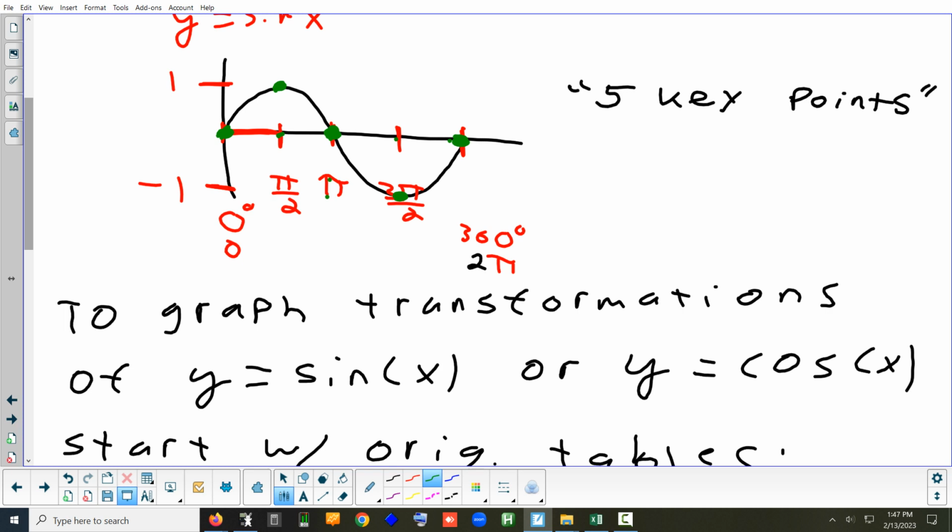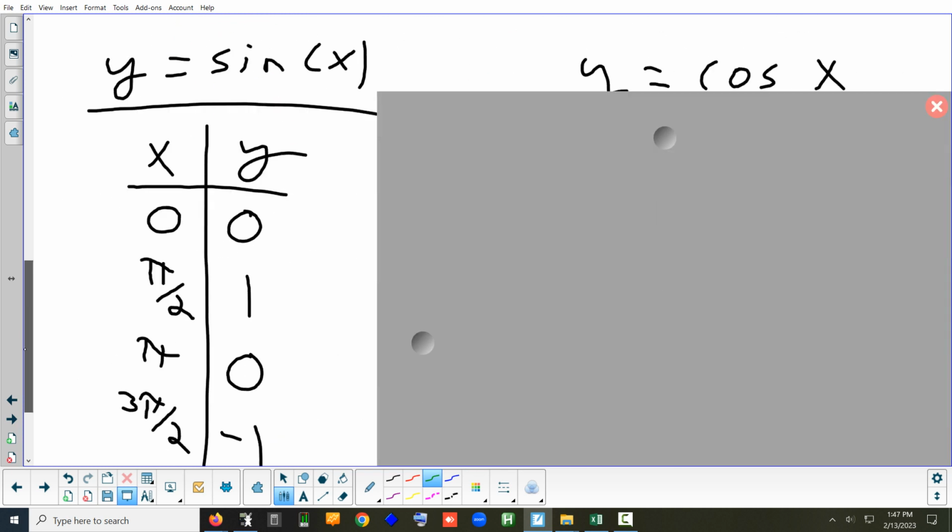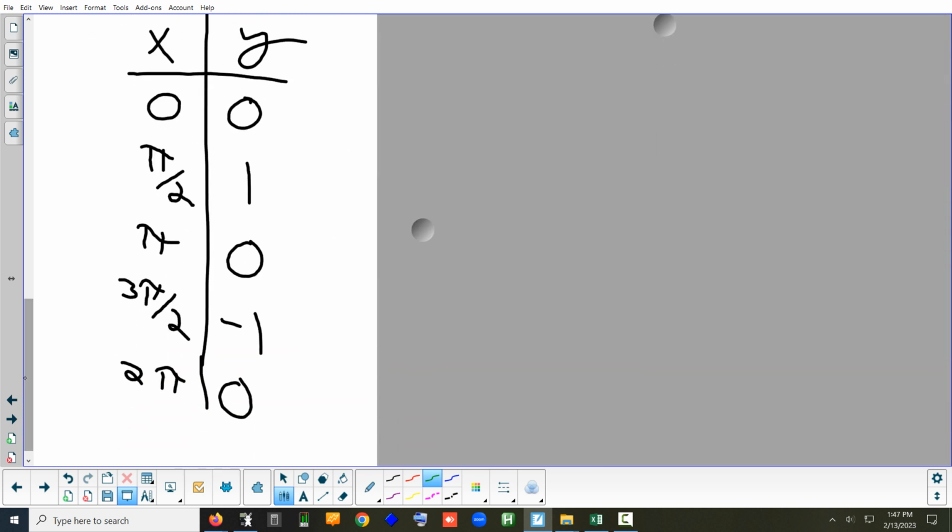Yeah, 2 pi, you've reached the end of your cycle, and you are at 0. So these are the 5 points that make up one cycle of sine. So if we have to shift anything up and down, left and right, stretch something, these are the points we're going to use to do it.